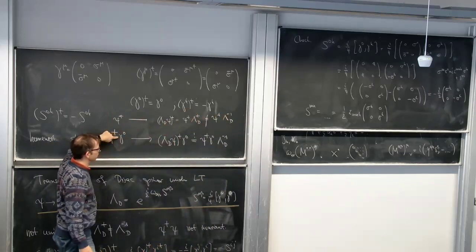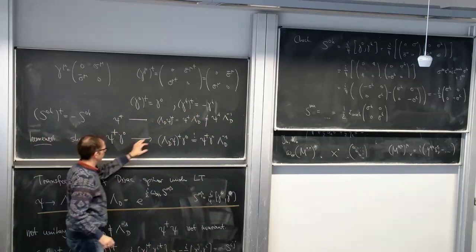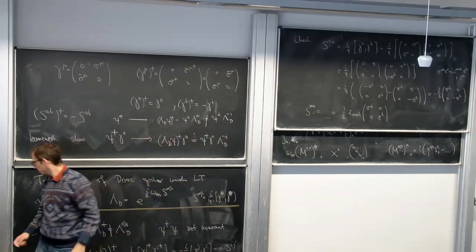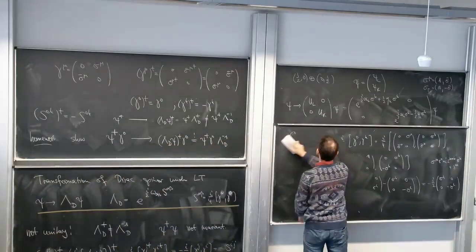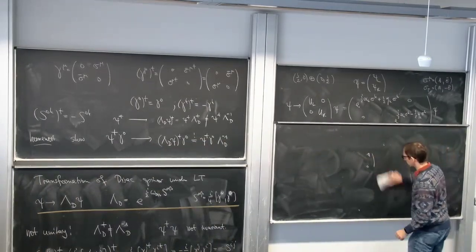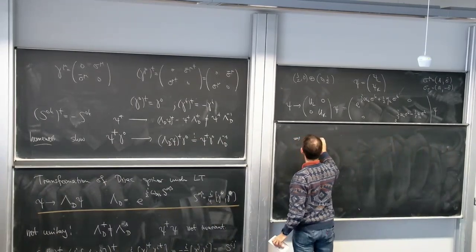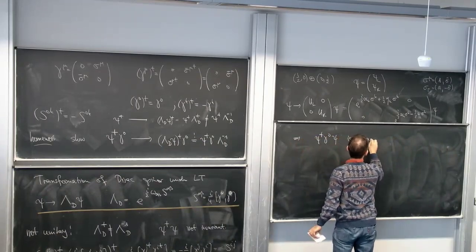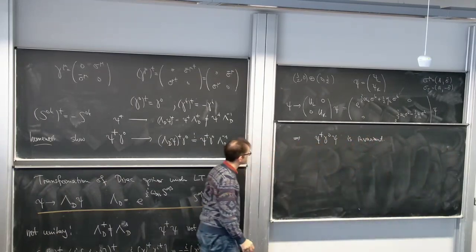But if you stick a gamma 0 in there, magically, with the Dirac matrix, you'll find that this combination then transforms like this. And as a consequence, it follows that psi dagger gamma 0 psi is invariant under all the Lorentz transformations.